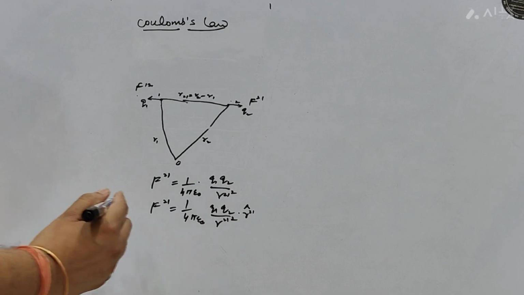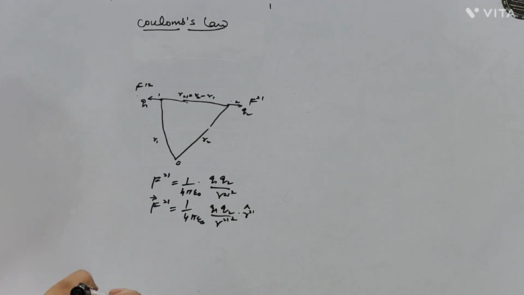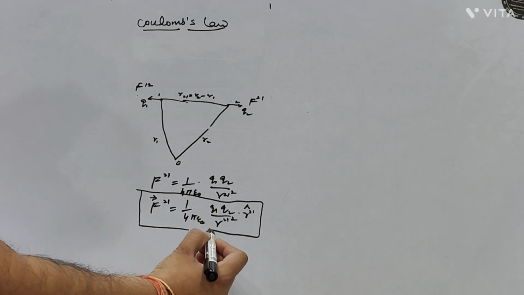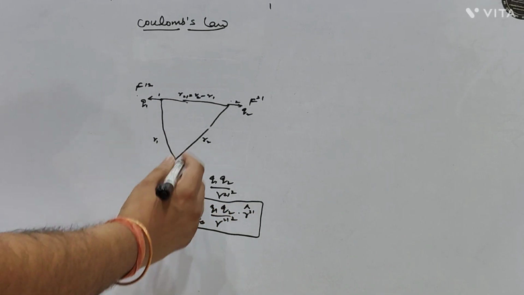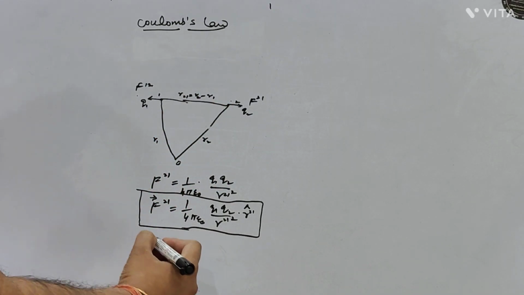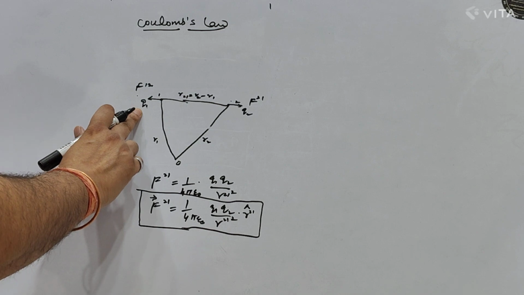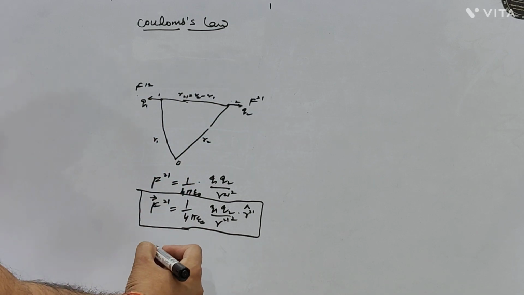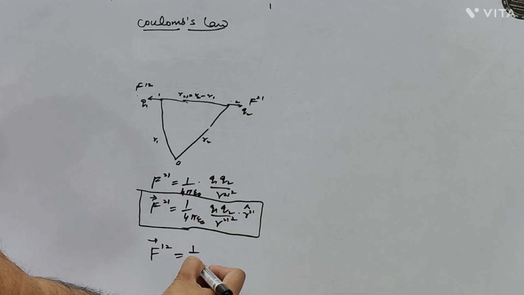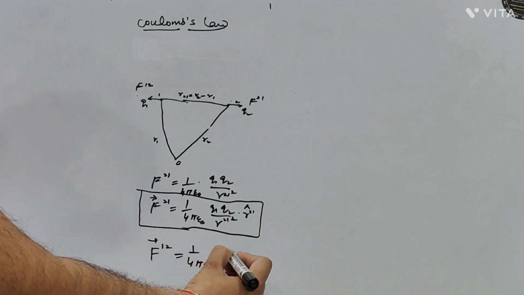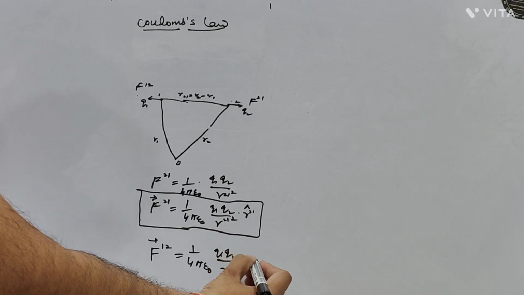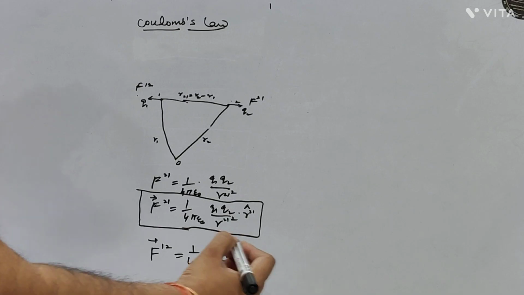So F21 means force acting on charge Q2 by Q1, and the force acting on charge Q1 by Q2 can be written as F12, equal to 1 by 4 pi epsilon naught Q1 Q2 by R12 square times the unit vector.